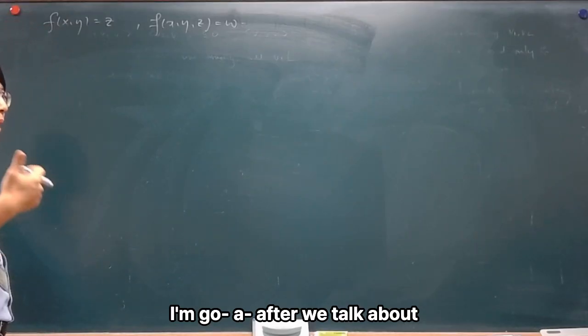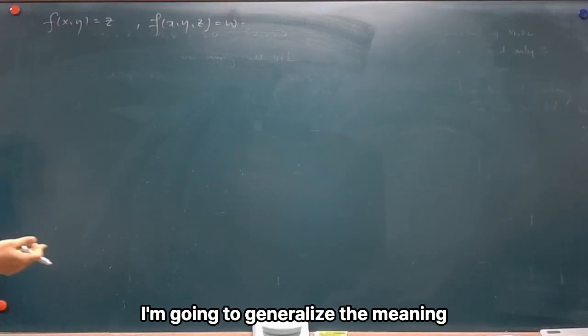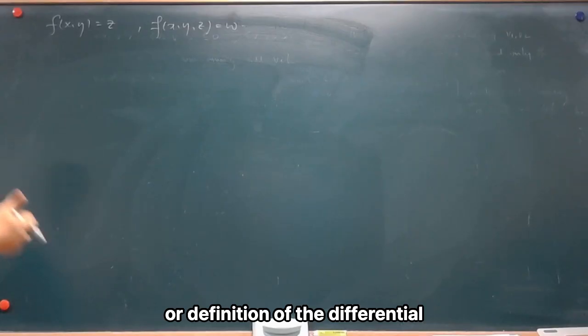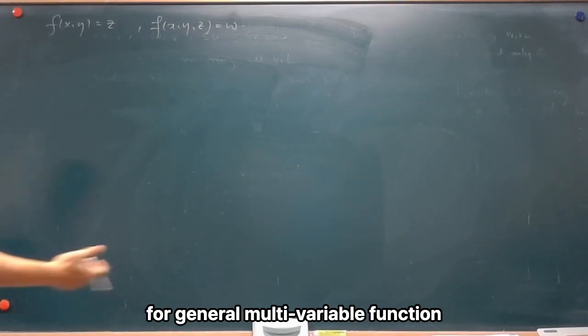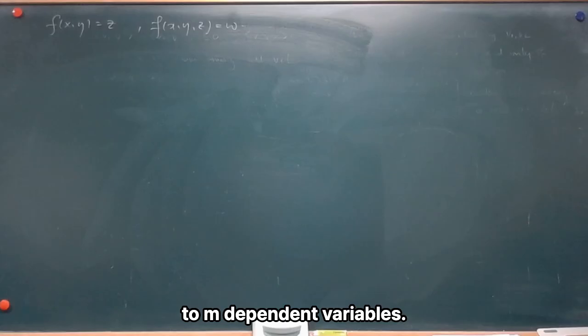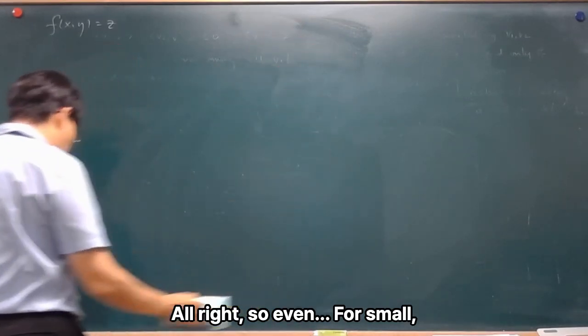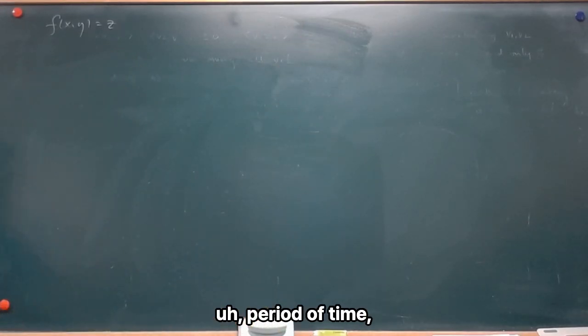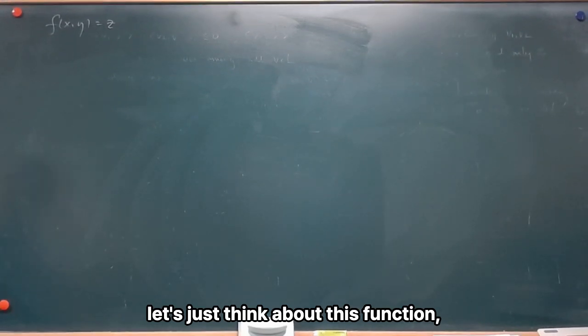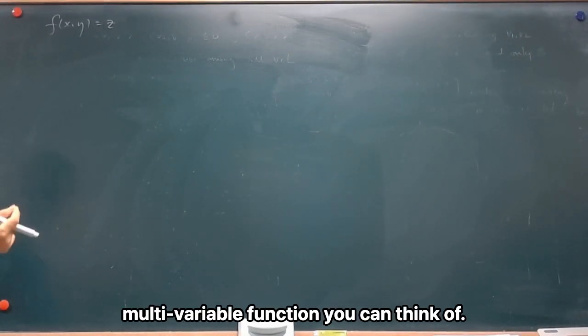After we talk about the differentiability of these type of function, I'm going to generalize the meaning or definition of the differential for general multivariable function, which sends n independent variable to m dependent variables. All right, so even for small period of time, let's just think about this function, two variable function. So this is the most simplest multivariable function you can think of.